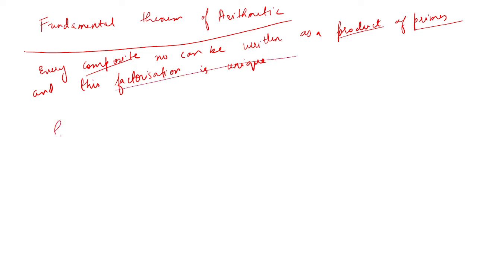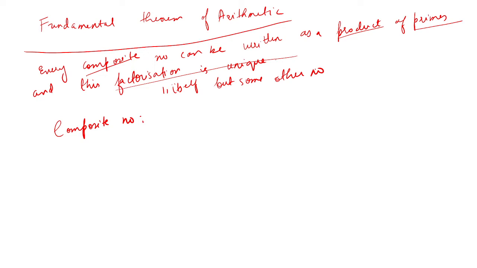So what exactly is a composite number? When we talk about composite numbers, we talk about numbers which can be multiplied not just by one and itself, but some other numbers as well. You agree with that? You can multiply that number with one, with itself, and even with some other numbers.